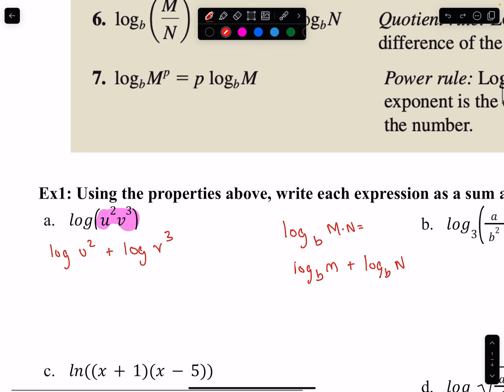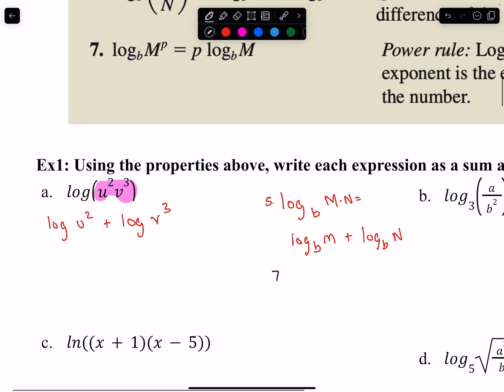The second property I'm going to use here is number 7, which says log base b of m to the p power is equal to p times the log base b of m.